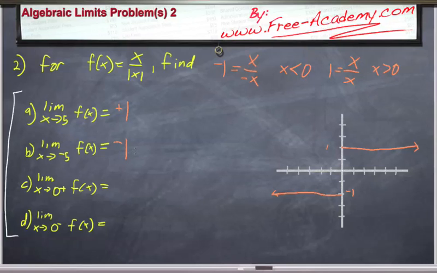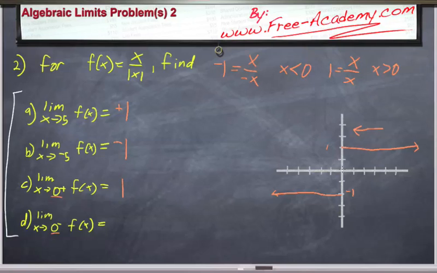But where this gets tricky is for our limits as x approaches 0. And notice they've given us here x approaches 0 from the positive side, so we go over here and let's get infinitely close to 0, and we see that the function is still equal to positive 1.